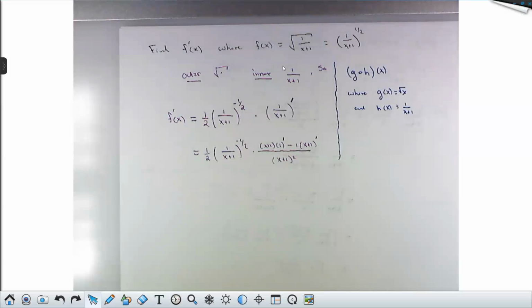Okay. So it's not that I've done any plugging in here, it's that whoever came up with this problem, in order to come up with this function, they plugged 1 over x plus 1 into the square root function. And that's what we mean by inner. So the thing that's on the inside of the outer function is something that has been plugged in to that outer function.